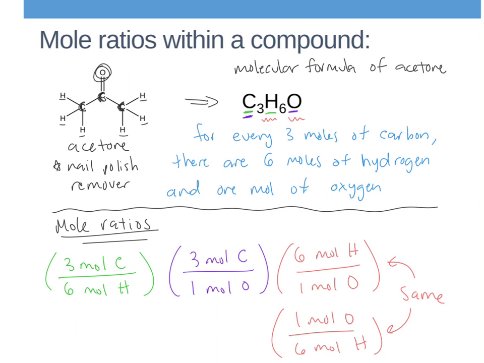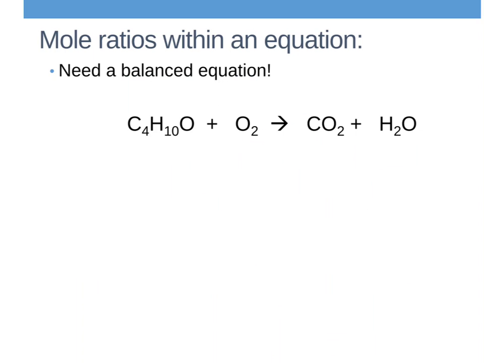I can come up with more ratios within a compound, but I can also come up with ratios between different compounds if I have an equation. One really important thing is that you need to have a balanced equation. These mole ratios only work if you're talking about an established relationship, and you don't have that if you have an unbalanced equation.